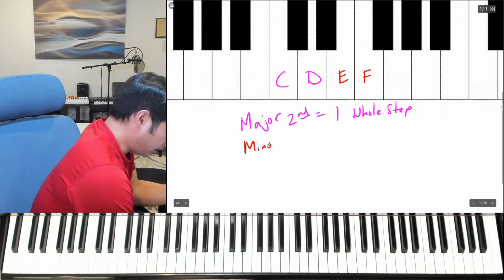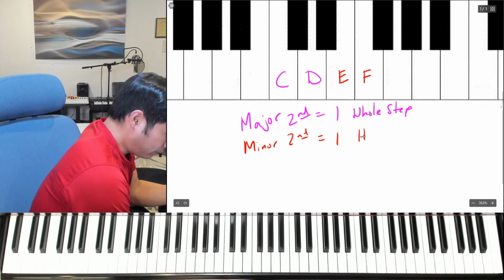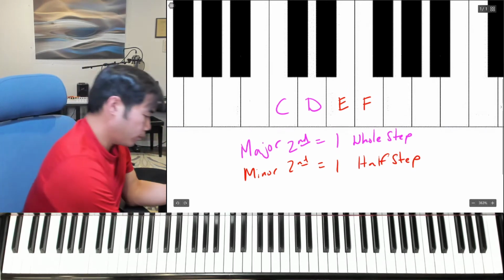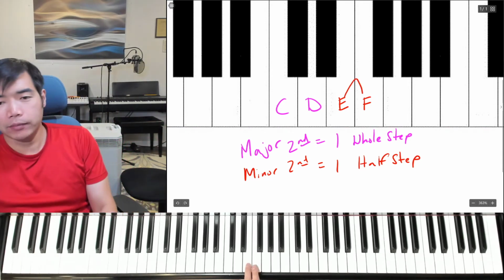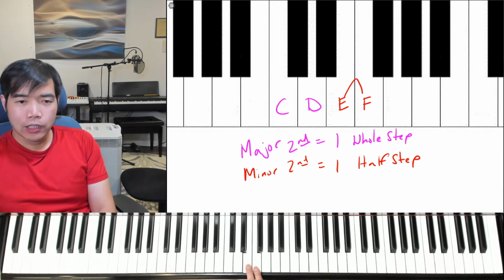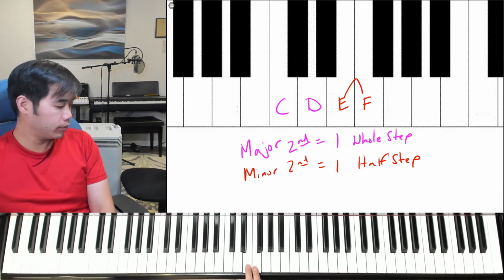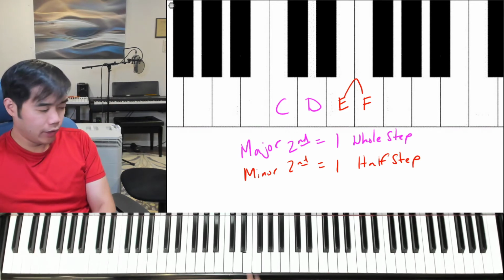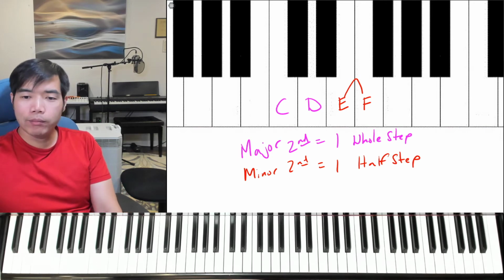So the minor second is only 1 half step apart. So E to F would be a half step. Let's listen to that. Notice how dissonant that sounds. Okay. So that's a minor second.